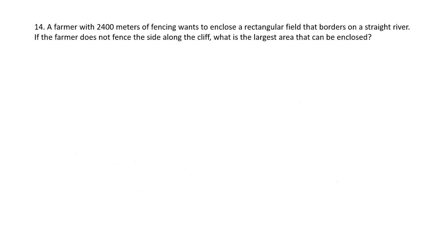A farmer with 2,400 meters of fencing wants to enclose a rectangular field that borders on a straight river. If the farmer does not fence the side along the river, what's the largest area that can be enclosed? So viewed from the top, let's say this side is the river, and you have some fencing this way.